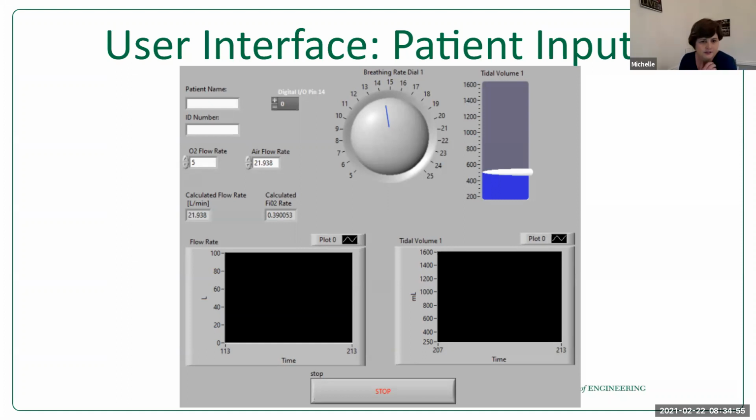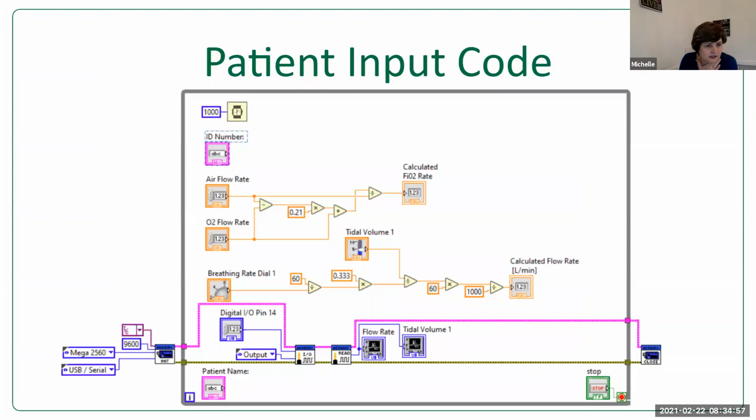Okay, sorry. So this is the code, and the coding in the orange is the airflow rate going in to calculate the FiO2 rate. So once that is measured, that is what would be getting reported as calculated. And the breathing rate input is how we will figure out what our calculated flow rate will be.